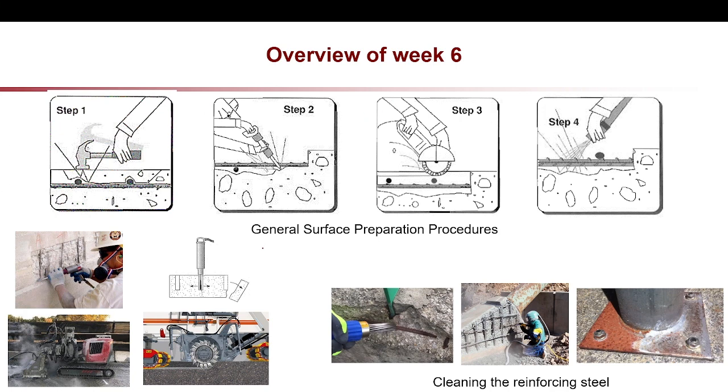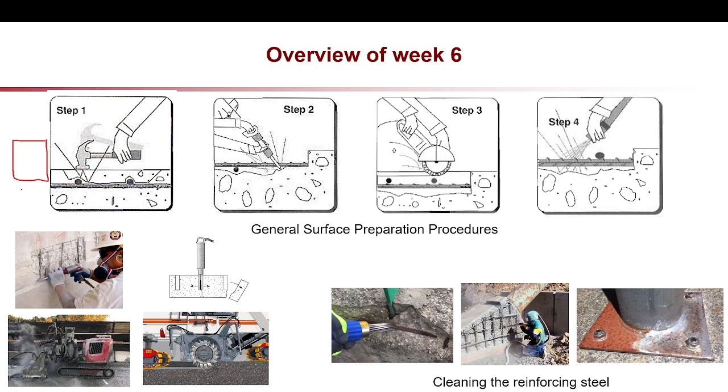In the second module, you might have seen the surface preparation procedure. The first procedure is, using a hammer or any other tool, to test the rebar locations. We check the rebar locations and map out our complete surface.